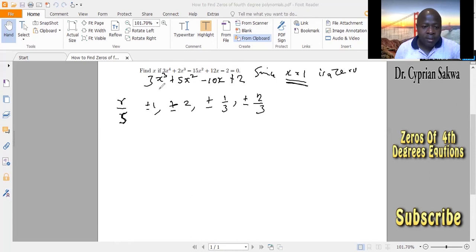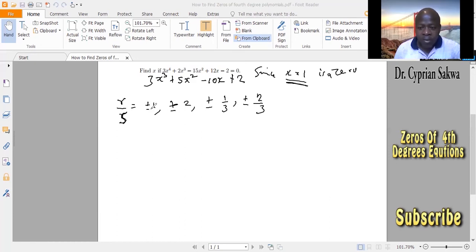We still have the same, because we still have the same constant 2 and 3. So if this can be reduced, then one of these must be a solution. So again, we try and find out which of these is a solution. Let's begin with the easy ones.